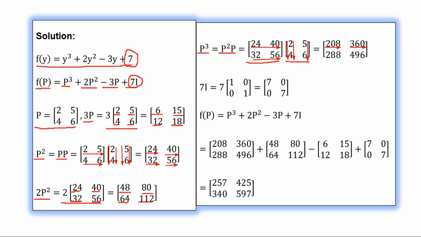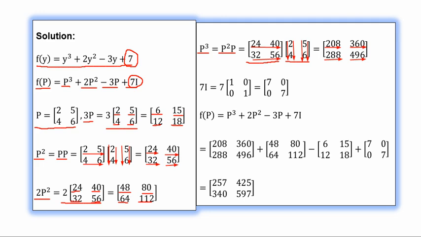So you have 32 times 2 plus 56 times 4, that gives 288. The same second row times second column, 32 times 5 plus 56 times 6, that gives 496. We are done with that.